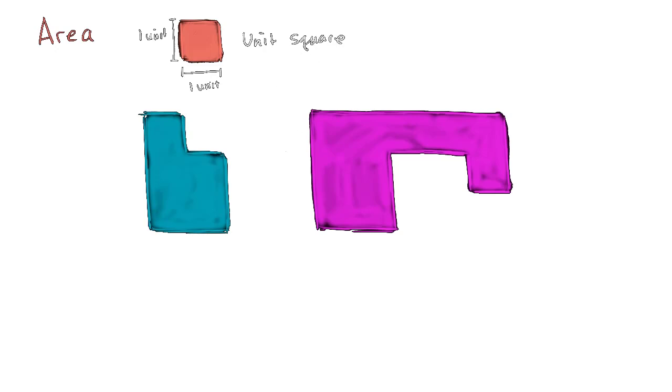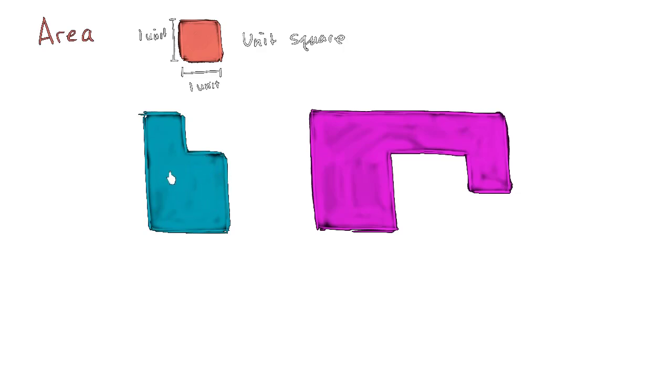And so one way to measure the area of these figures is to figure out how many unit squares I could cover this thing with without overlapping and while staying in the boundaries. So let's try to do that. Let's try to cover each of these with unit squares, and essentially we'll have a measure of area.